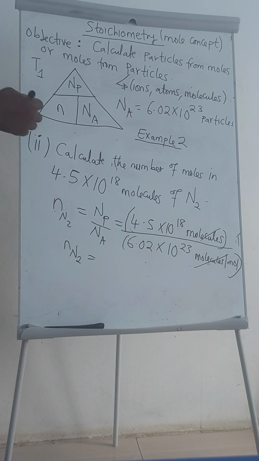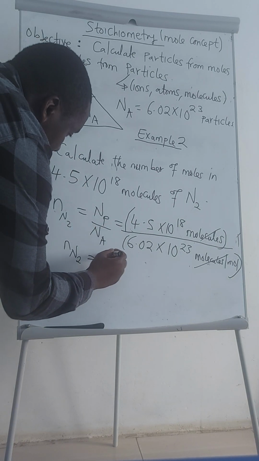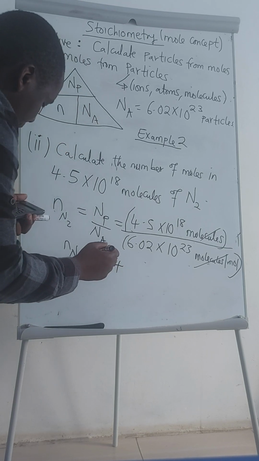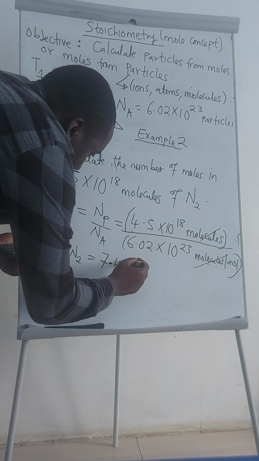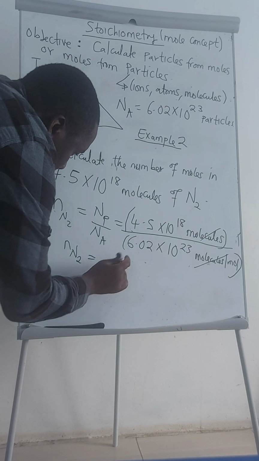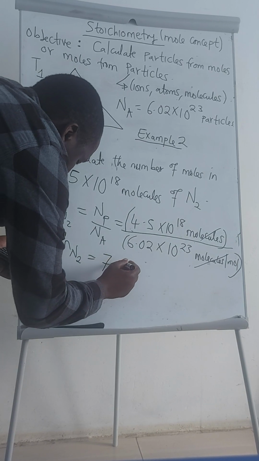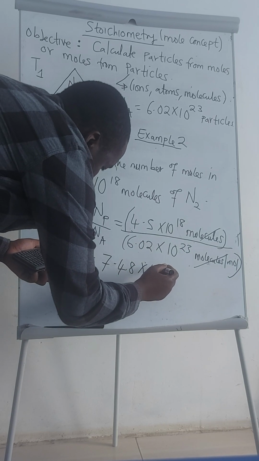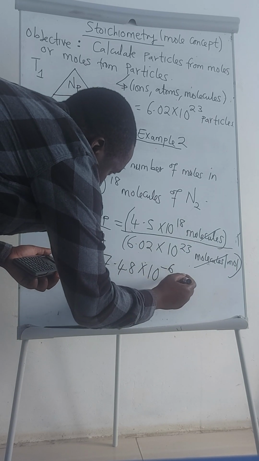The answer is 7.48 times 10 to the power negative 6 moles of nitrogen.